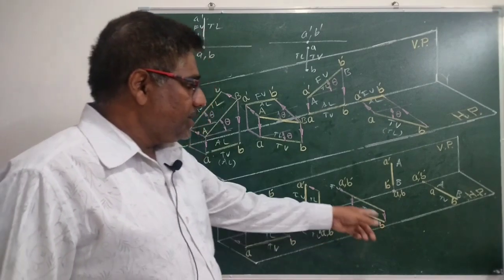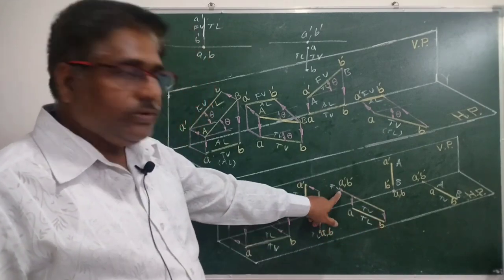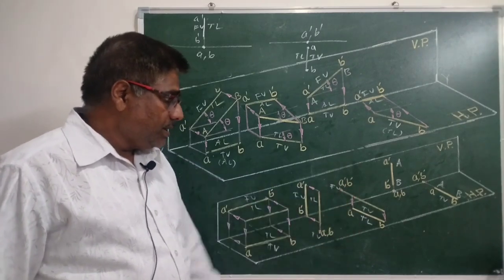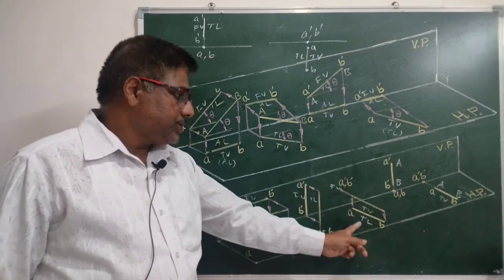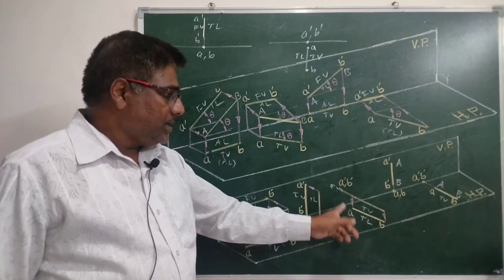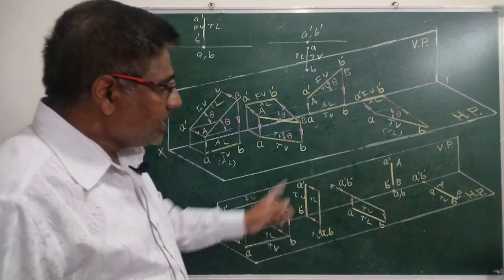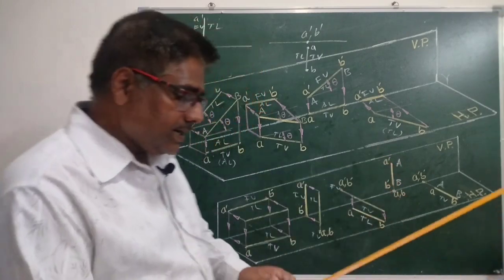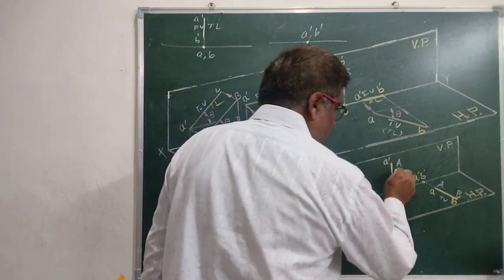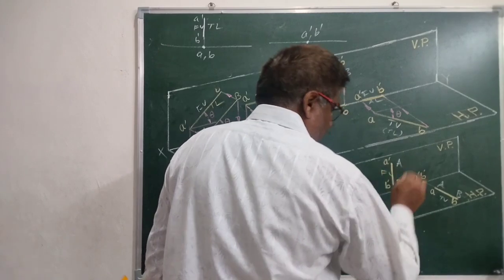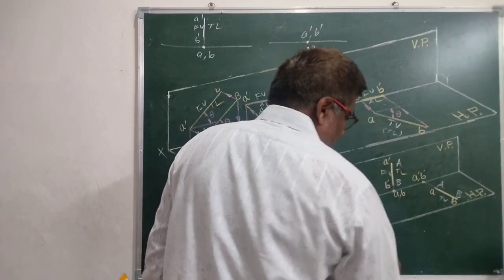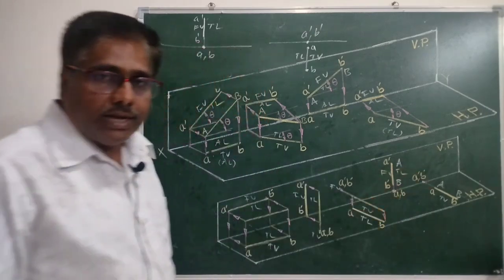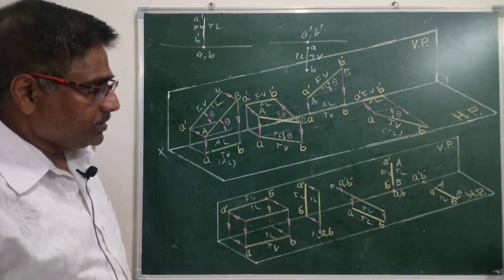And when the line is perpendicular to VP, its front view will be just a point in which A dash and B dash will coincide, and top view will give its true length, and that line will be perpendicular to XY. If the line is perpendicular to HP and is in VP, then line itself will act as front view with the true length, and a top view will fall on this XY line with A and B coinciding points.